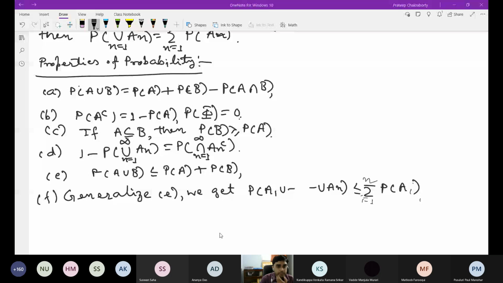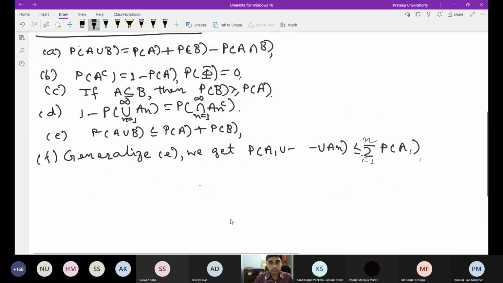Generalize means we have the statement that P(A union B) is less than or equal to P(A) plus P(B). This is a statement for only two events, A and B. Now, instead of these two events, if we take n events, we will get this statement. Is it okay, Ananya? Yes, sir. Okay, now can you tell me how to prove this? These are very easy things. I am pretty sure you all can prove all these things. So, can you prove this?